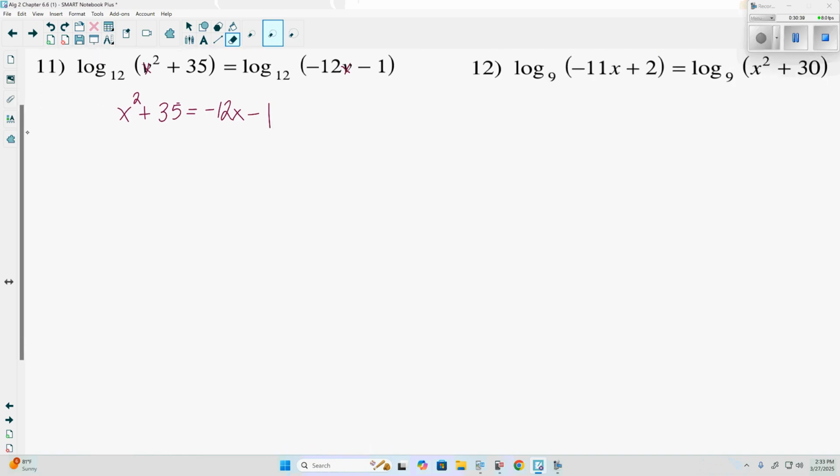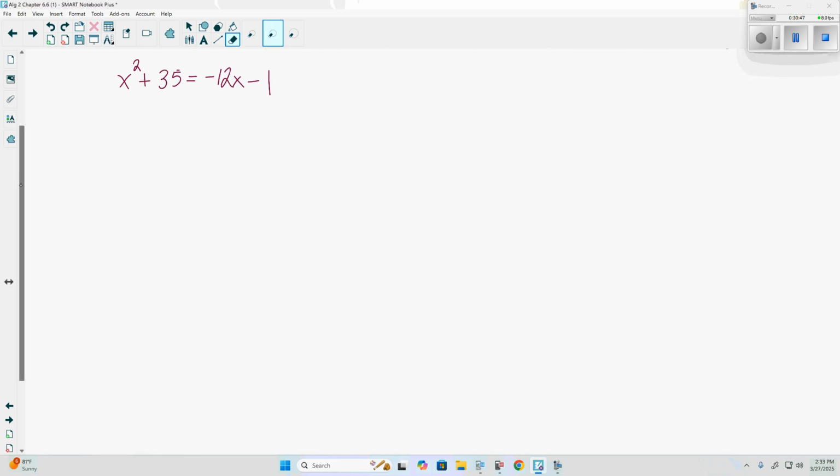Since the logs are the same, we can set what's inside each of them equal to each other. So I'll switch it over to x. x squared plus 35 equals negative 12x minus 1. Now this is a little bit different than the ones we've had before because this time we have an x squared. That means we need to get this equation equal to 0.